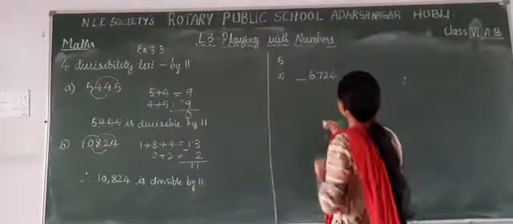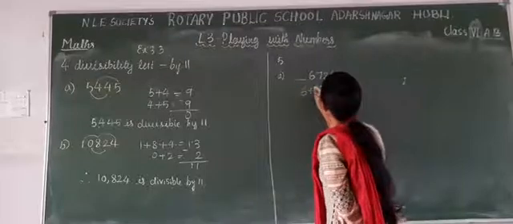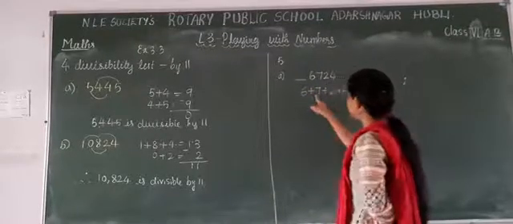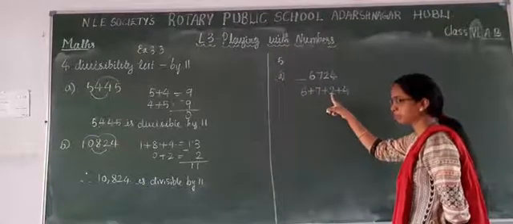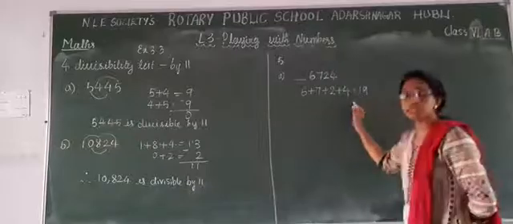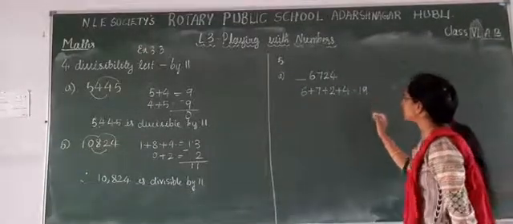Let us see. First, let's add the digit sum. 6 plus 7 is 13, 13 plus 2 is 15, 15 plus 4 is 19. So 19 is not divisible by 3.